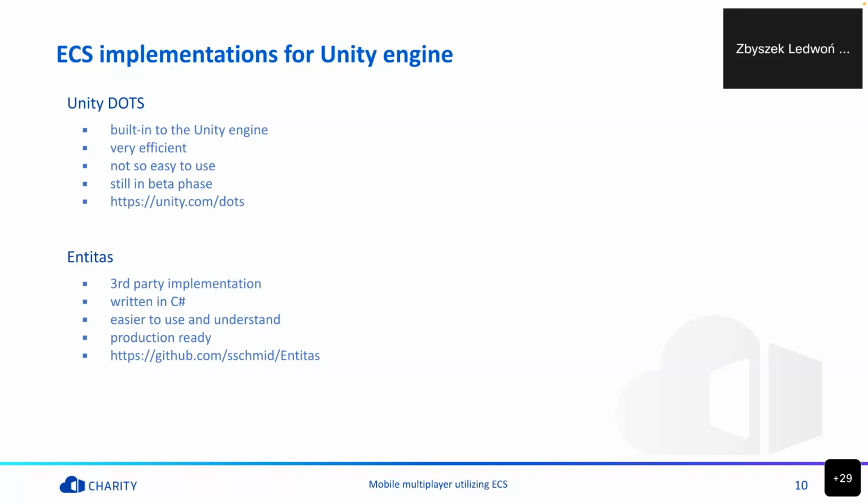But even Entitas written in C#, in comparison to object-oriented code, is so much faster that it is worth using. It's hundreds of times faster. But if you want to squeeze everything from any machine that you are working on, you should probably consider DOTS.